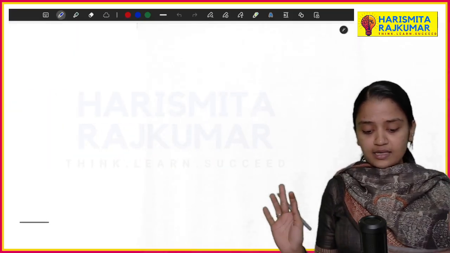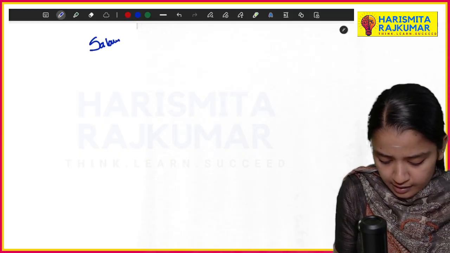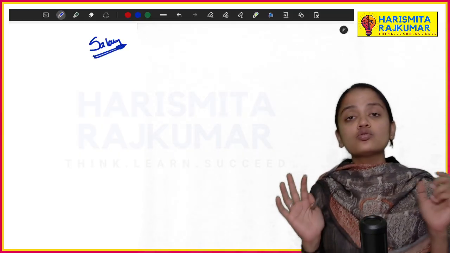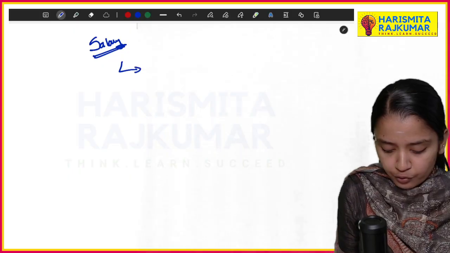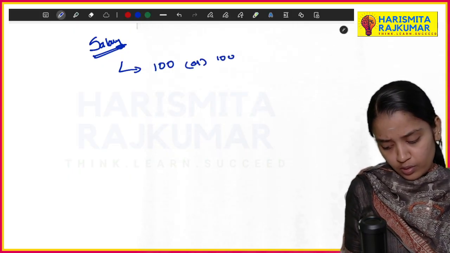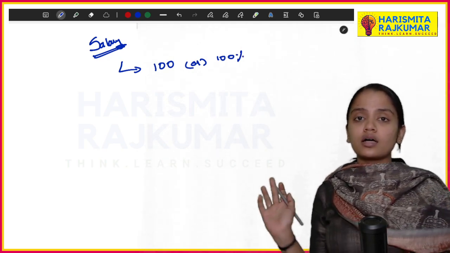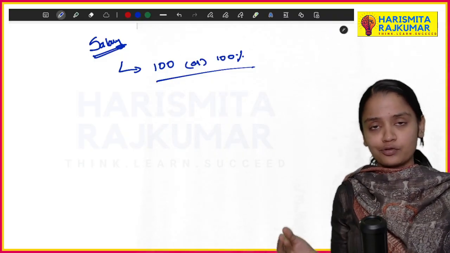Yeah, so basically percentage salary. Generally, whatever the salary may be, you have to assume it as 100 or 100 percentage. You need not change from this. This is the only trick I have to tell you.